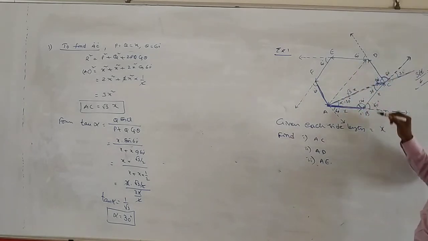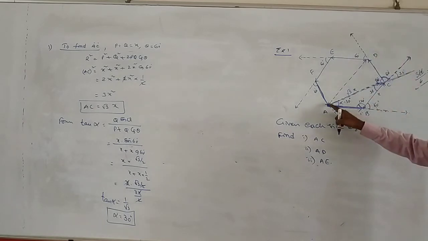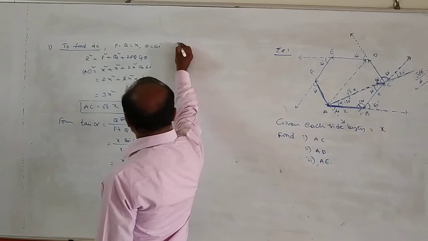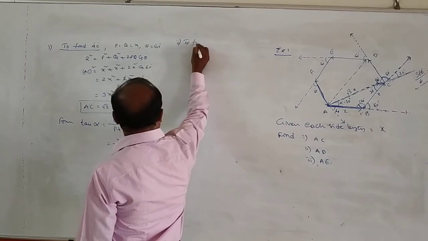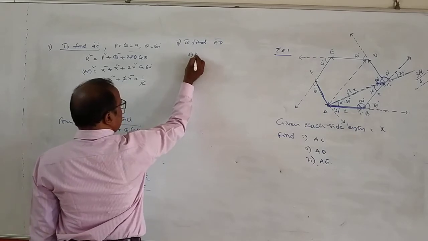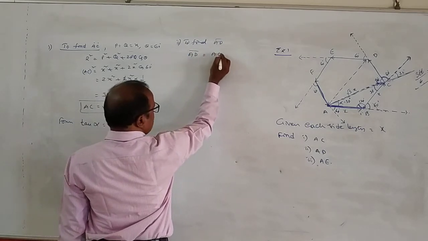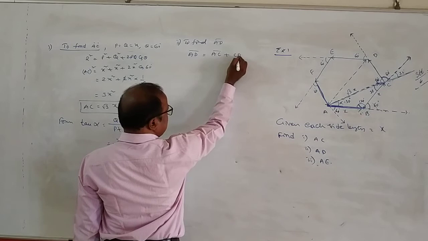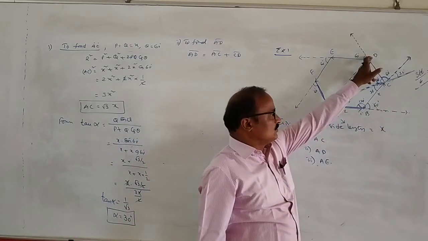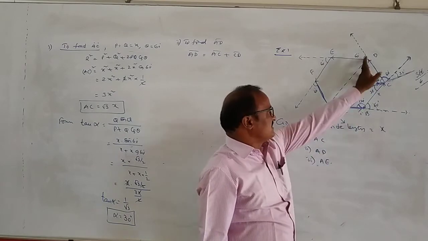Next we will find the value of AD. AD is the resultant of AC and CD. Second one, to find AD bar. From the diagram, AD bar is equal to AC bar plus CD bar. Here this is AD bar.